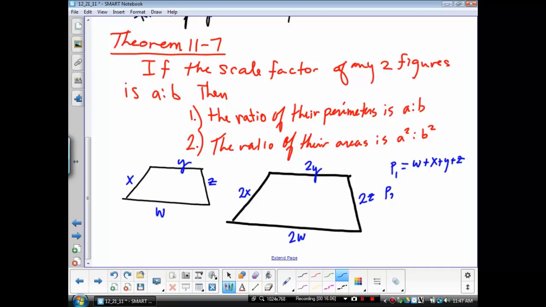Perimeter 2 is going to be 2w plus 2x plus 2y plus 2z, which is just the same thing as 2 times w plus x plus y plus z. So we can see that the ratio of their perimeters will just be 1 to 2, like their scale factor was. The perimeter of the second figure will be 2 times the perimeter of the first figure.